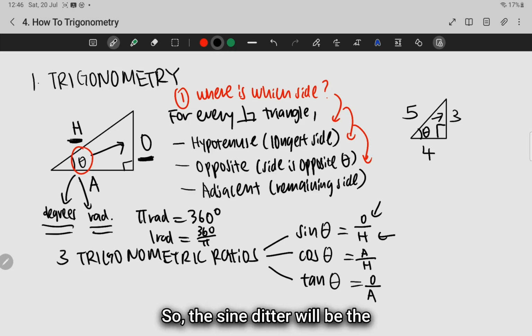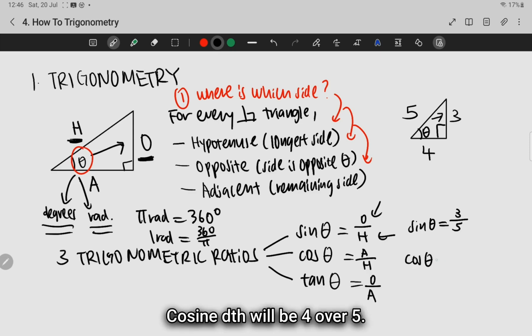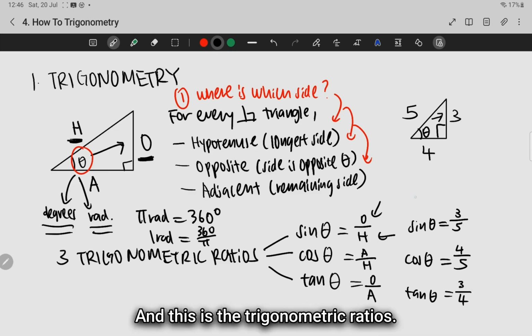So sine theta will be the opposite over the hypotenuse, which is 3 over 5. Cosine theta will be 4 over 5. Tangent theta will be 3 over 4. And these are the trigonometric ratios.